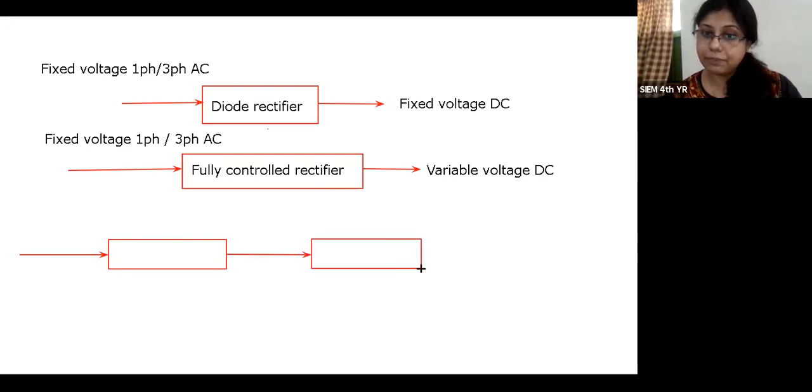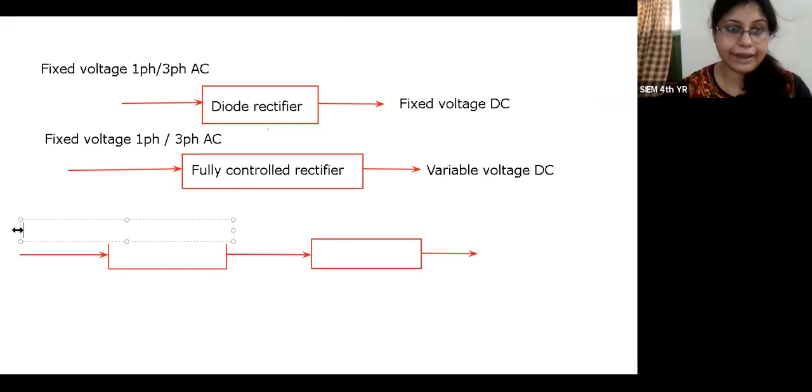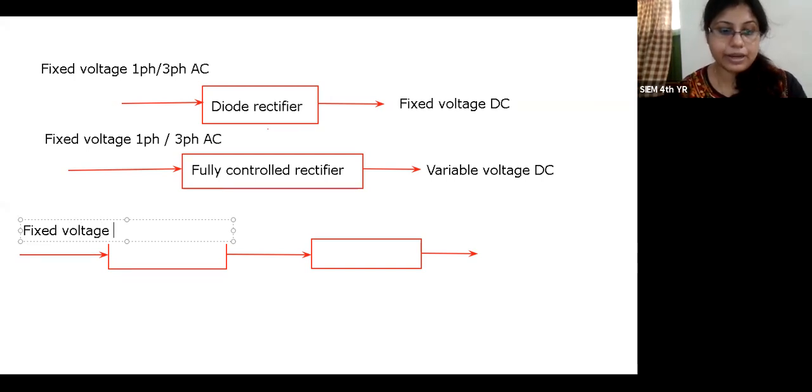So it is another power modulator, then the output is fed to the machine. Now here, on the source side, we have fixed voltage AC, either single phase or three phase.